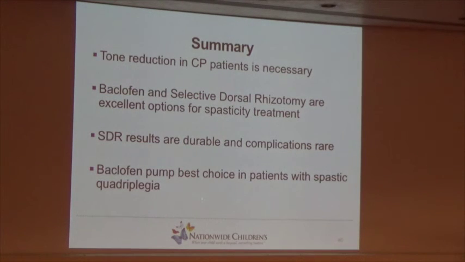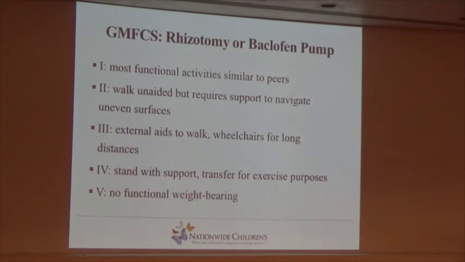Now, what's pretty clear, based on my personal opinion as well as my experiences, is that the Baclofen pump is actually the best choice for patients with spastic quadriplegia and patients that have dystonia as a primary component of their cerebral palsy.